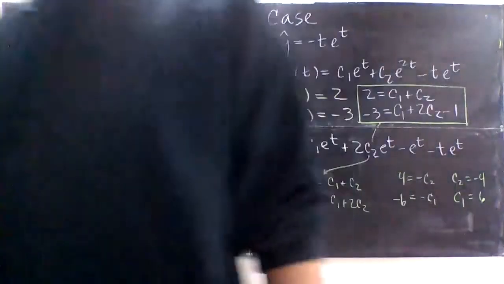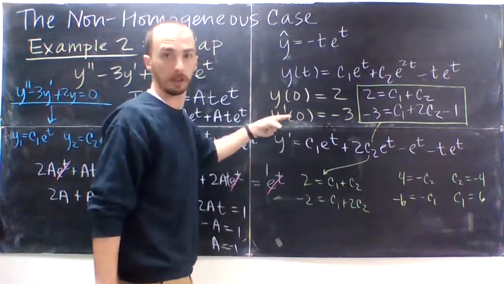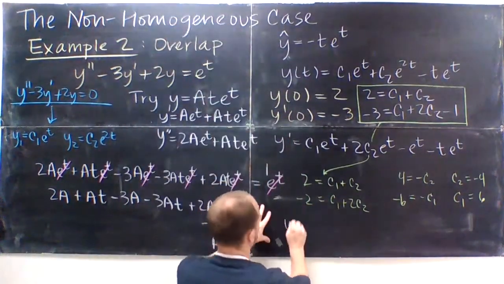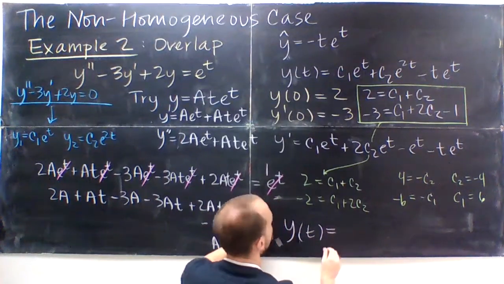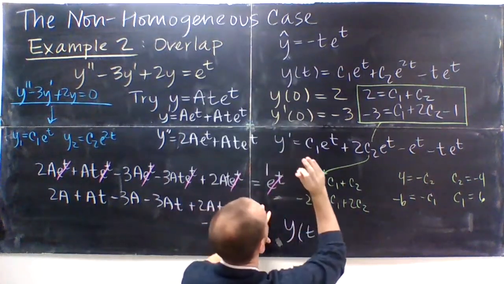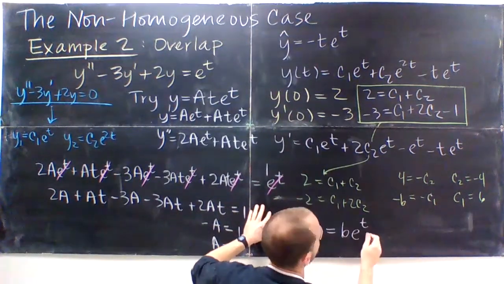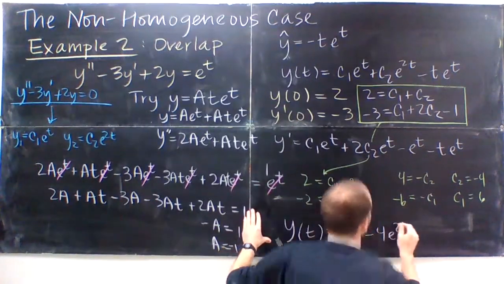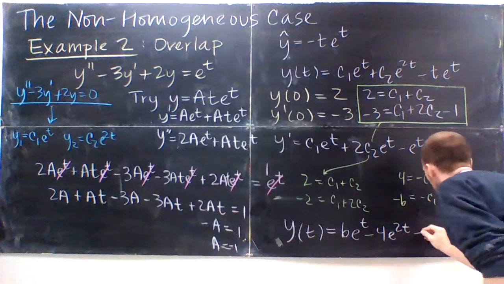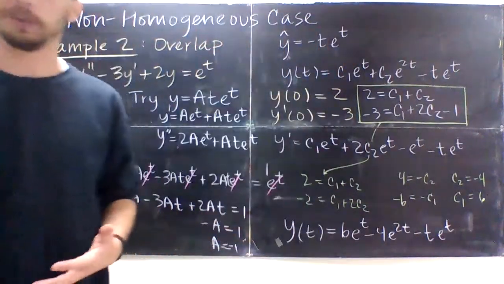And in conclusion, my particular solution to that differential equation with these initial conditions is going to be y of t equaling c1, so 6 e to the t minus 4 e to the 2t minus t e to the t. Okay? And that's my particular solution. And this is the method of undetermined coefficients.